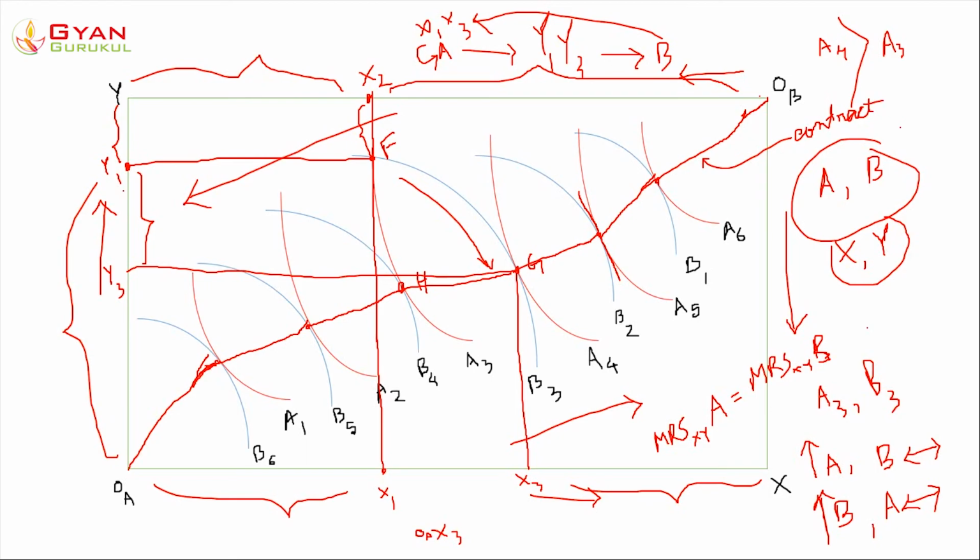Now therefore what have we learned? We learned that any point on this contract curve represents a point where the indifference curves of both consumers are tangent, right?